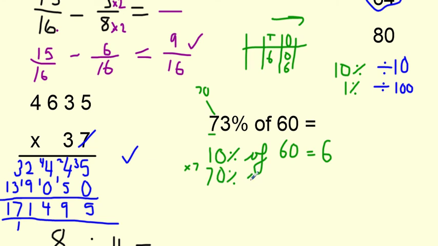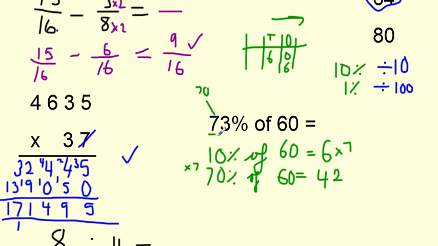So if I want to find 70%, I need to multiply by 7. So 70% of 60, or 6 times 7, is 42. So I now know that 70% of 60 is 42.